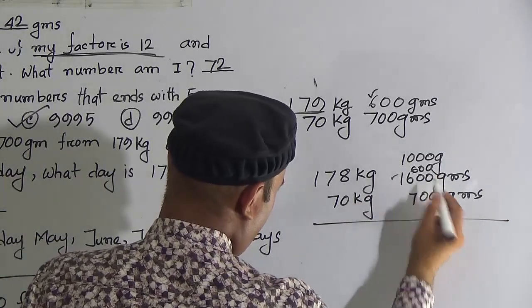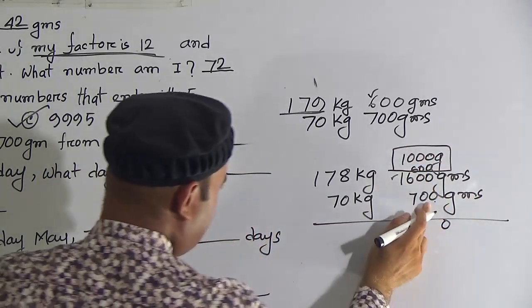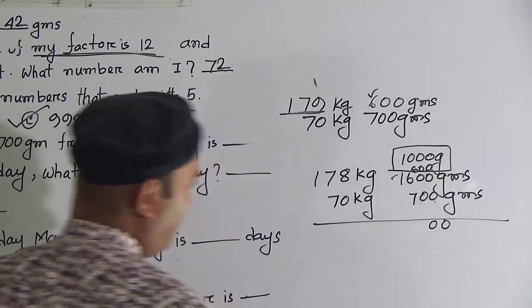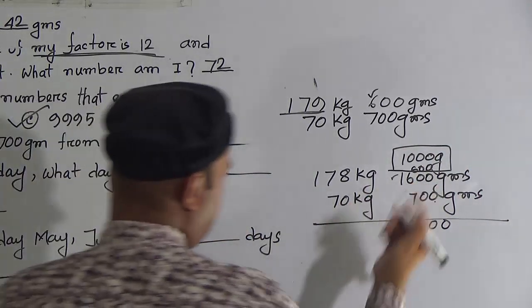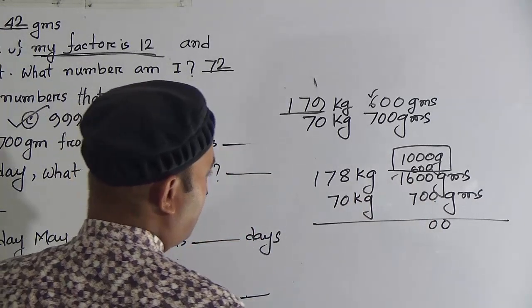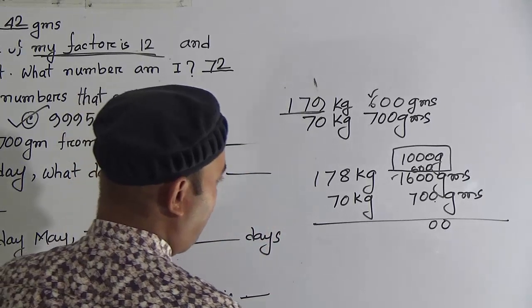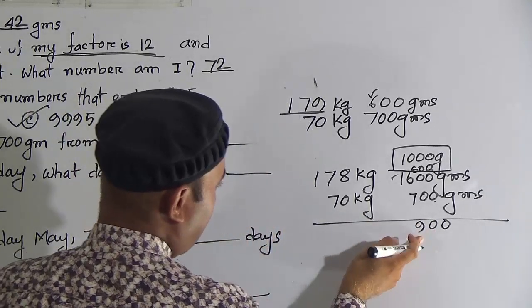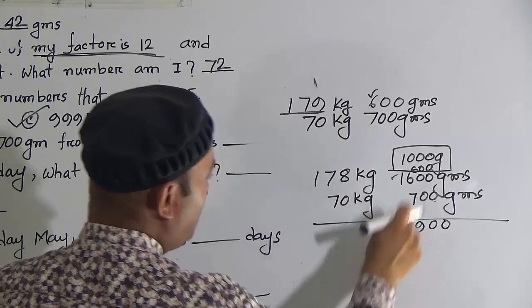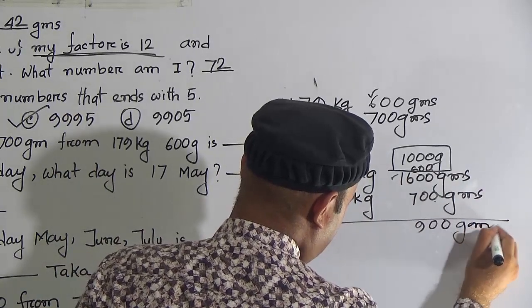Here 0 from 0 will be 0, and 0 from 0 again will be 0. 7 from 16: counting up 7, 8, 9, 10, 11, 12, 13, 14, 15, 16, it will be 9. So here is 900 grams.